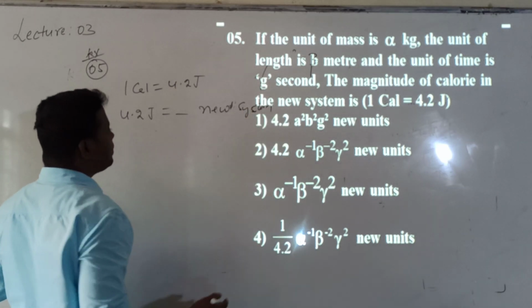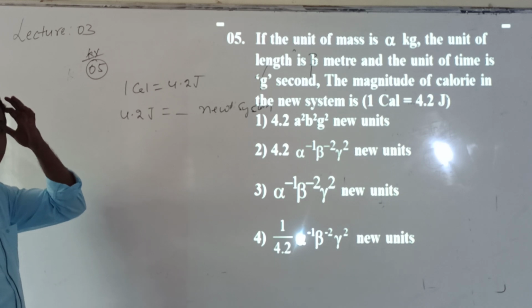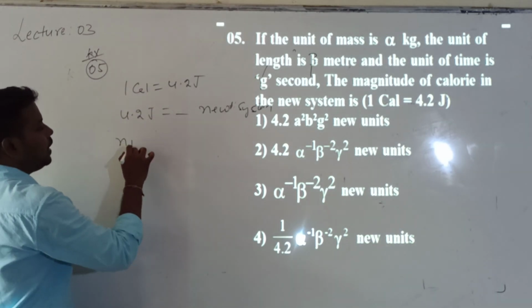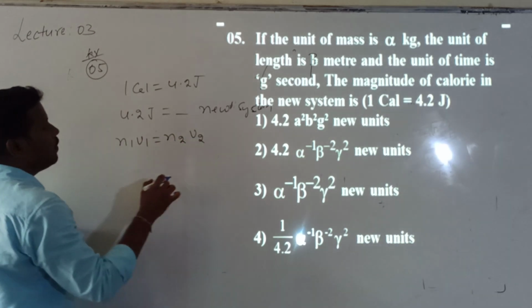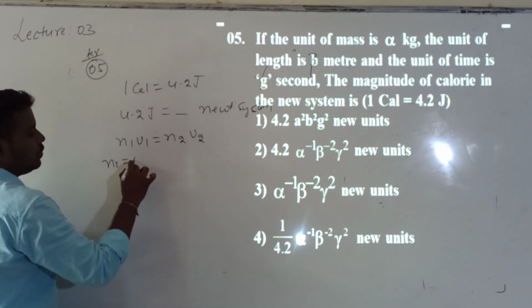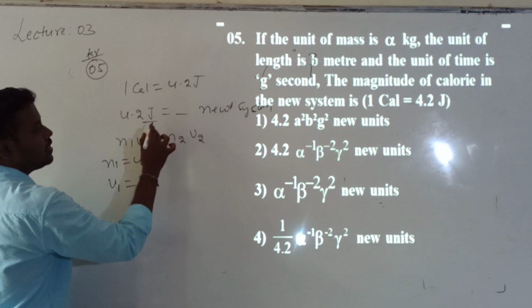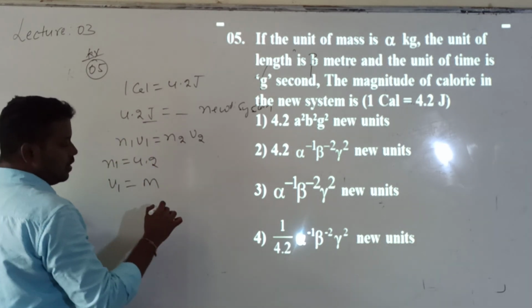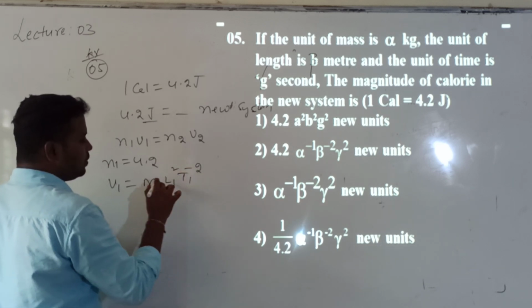Are you getting it? 4.2 joules is 1 calorie. You want to find out that 4.2 joules in that new system. Can I apply the principle N1 U1 is equal to N2 U2? From this, N1 value is 4.2 and U1 is the unit in the SI system, the joule. Joule is the unit of work done, so M1 L1 square T1 power minus 2.